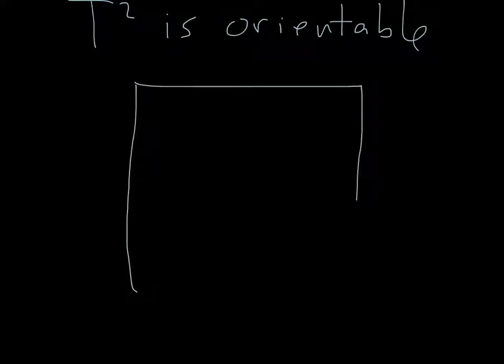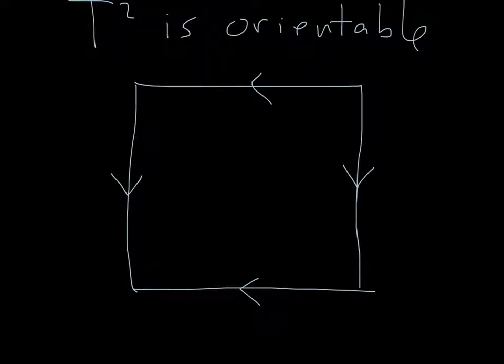Okay, so now let's see an example. The torus T squared is orientable. Now, in order to show a surface is orientable, you have to find an orientation on it. So let's use the fundamental polygon for the torus, where this edge is identified with this edge, and this edge is identified with this edge.